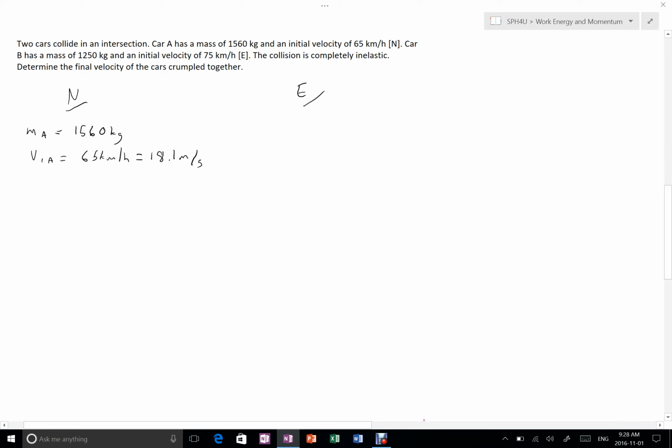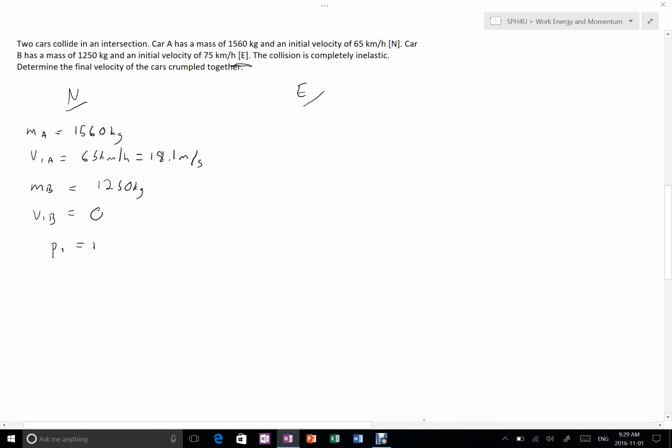In this particular example, you could get away with leaving it, but I'm just going to make the change. I have my mass B of my vehicle, which will be 1,250 kilograms, and V1B of that vehicle, which in the north direction, since it's going straight east, is 0.